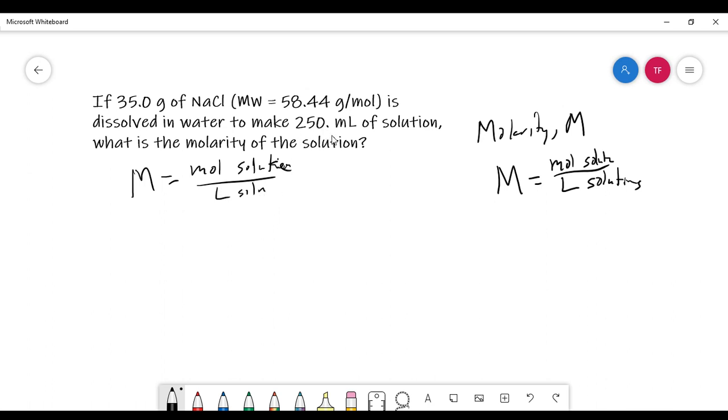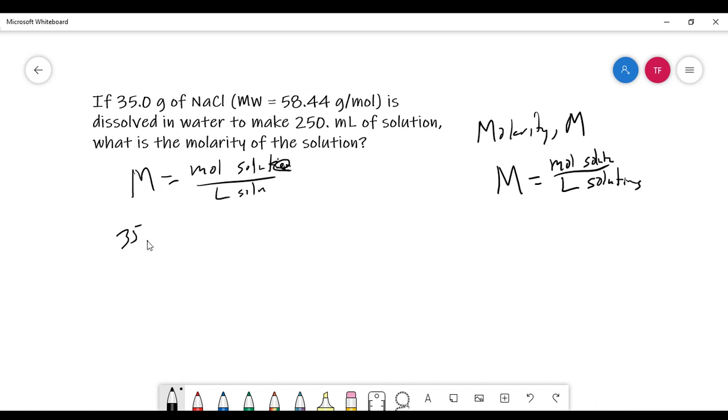If we look at the problem, we have the milliliters of solution, which we can easily convert to liters of solution, but we don't have the moles of solute. We're given grams of solute. So we're first going to have to convert our grams to moles, then we can calculate the molarity. So let's go ahead and do that real quick.